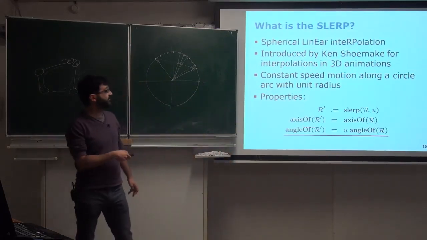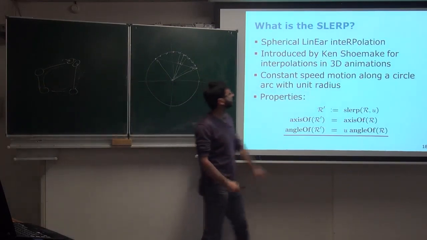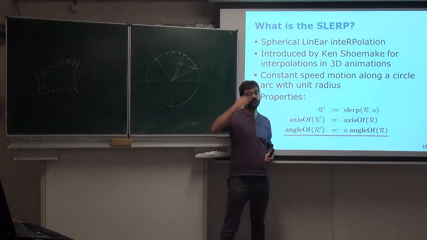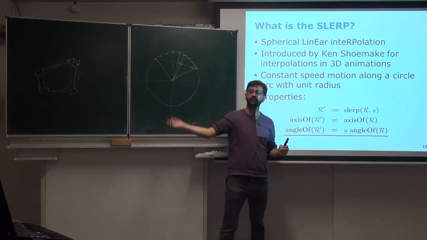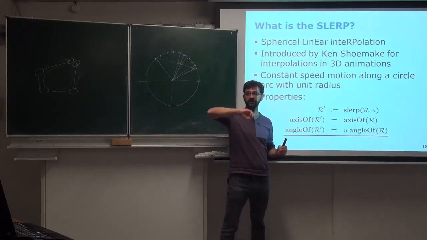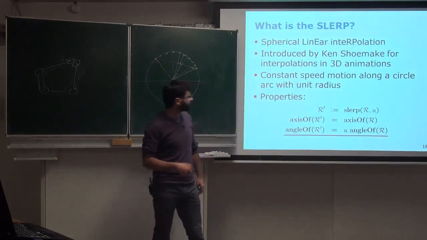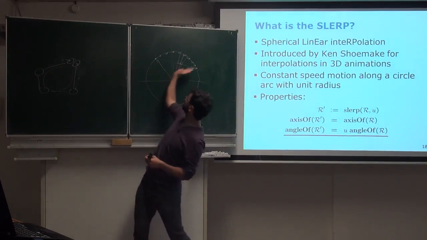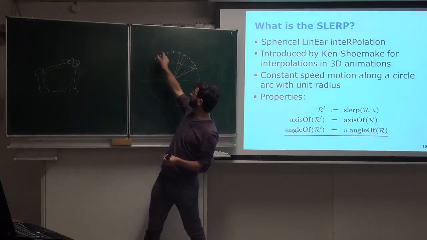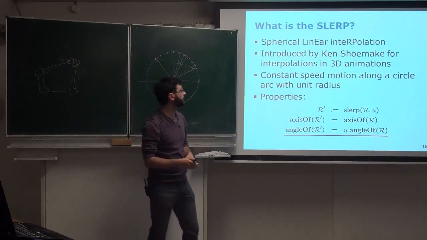Here is an explanation of how SLERP works in 3D. It's been used for 3D animations. The problem there was that they wanted to interpolate, for instance, arms going around. So they want to define keyframes in 3D animation and make sure that the full animation is meaningful and looks realistic. The idea is that they want to have something called constant speed, so constant rotational velocity, which also means constant displacement on the arc, or on the sphere if you are in 3D.